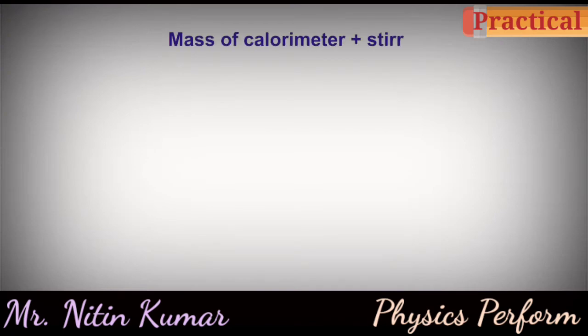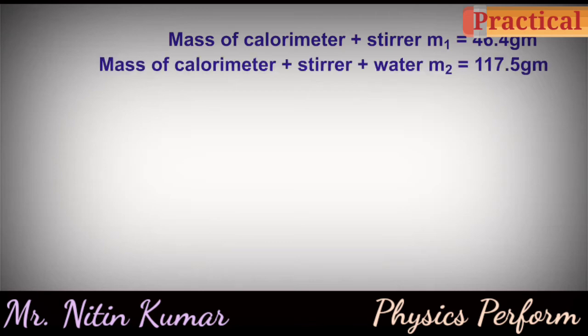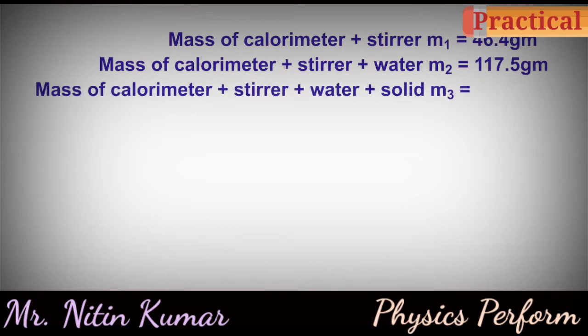Mass of the calorimeter plus stirrer M1 is equal to 46.4 grams. Mass of the calorimeter plus stirrer plus water M2 is equal to 117.5 grams. Mass of the calorimeter plus stirrer plus water plus solid M3 is 345.6 grams.